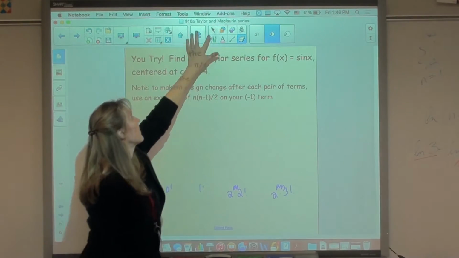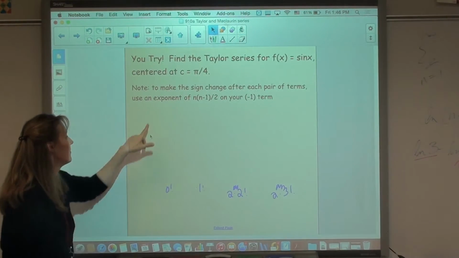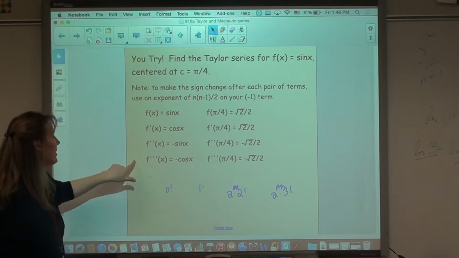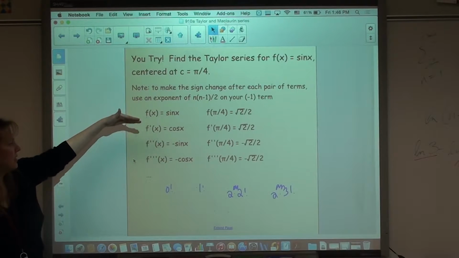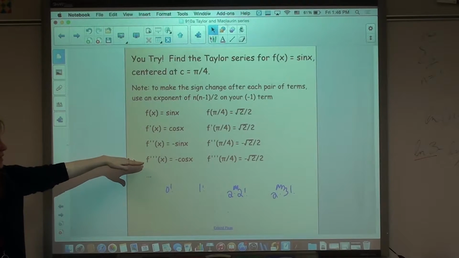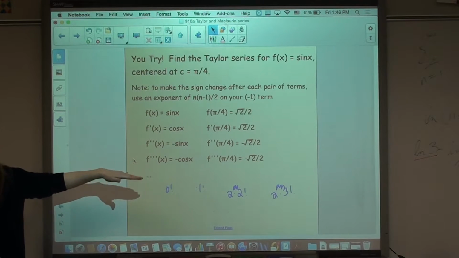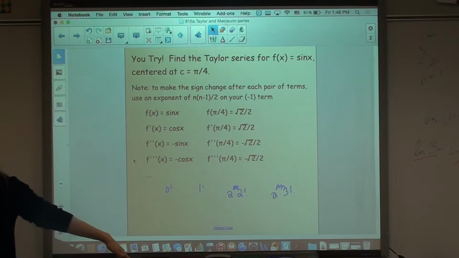Derivatives. Okay, so at pi over 4, sine and cosine are both root 2 over 2, right? So you end up with root 2 over 2 for all of them, but the signs of the functions go positive, positive, negative, negative. If we kept going, they'd go positive, positive, negative, negative, right?